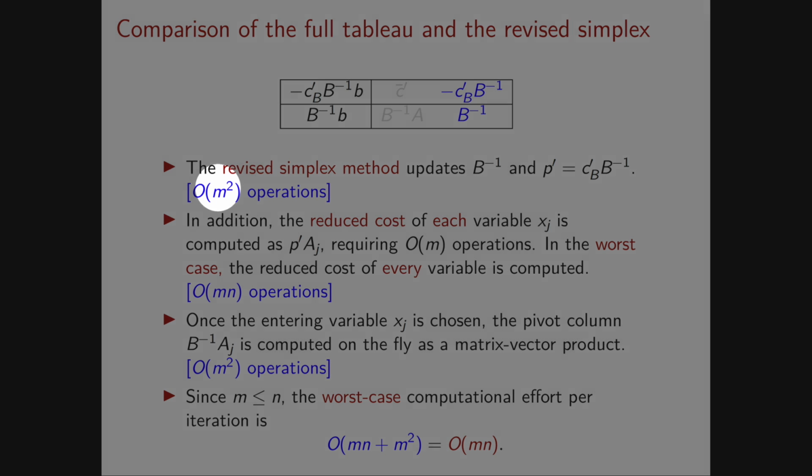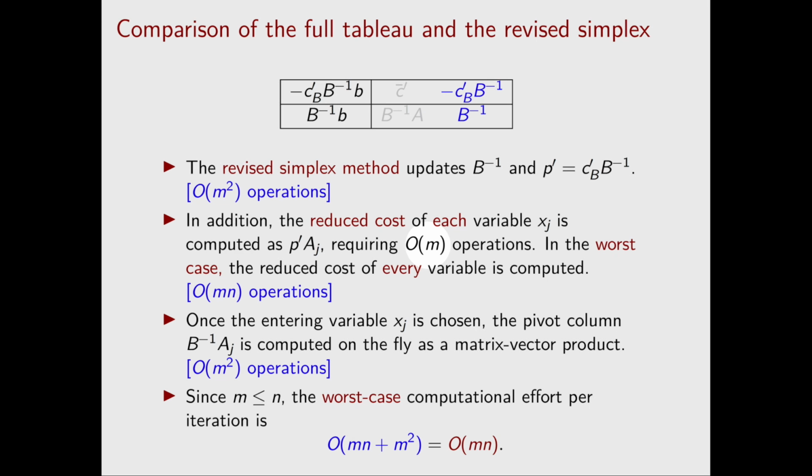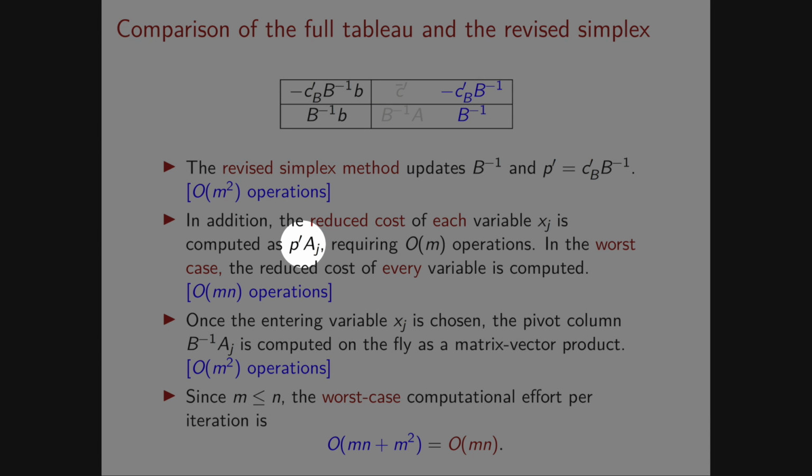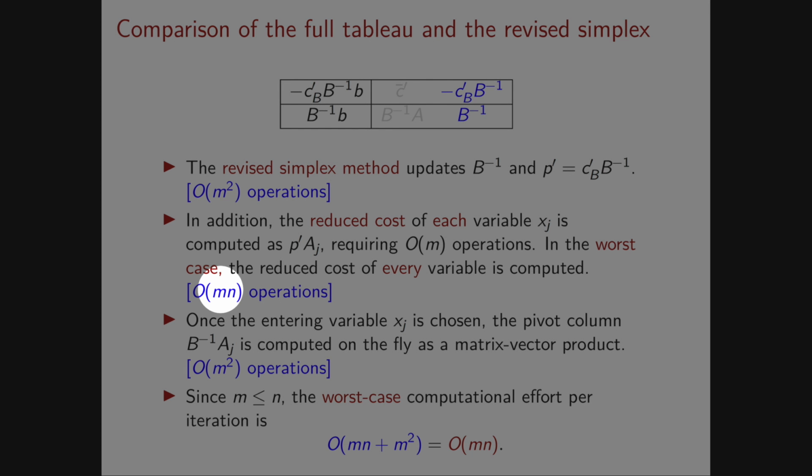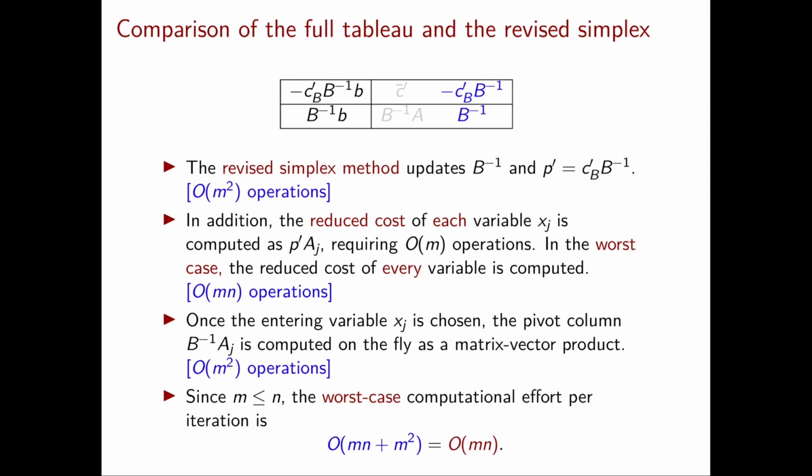This requires only big O of m squared operations because this part of the tableau has m plus 1 rows and m columns. Then the reduced costs are computed. Each one we know requires big O of m operations because it is obtained with the scalar product p transpose a_j. So in the worst case, when we need to compute all of them, we need a total number of big O of mn operations.